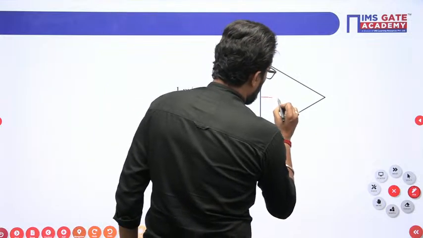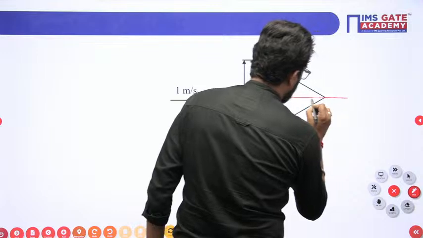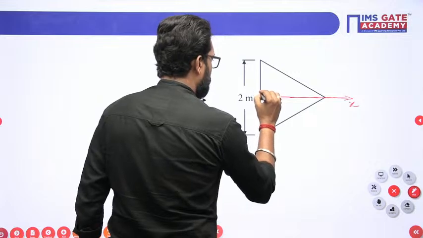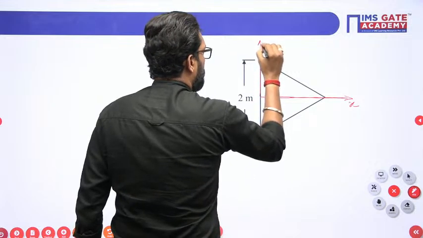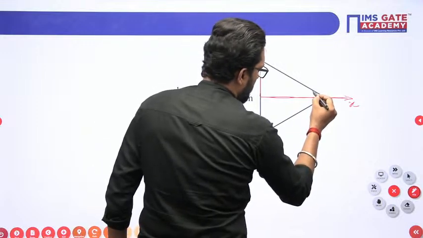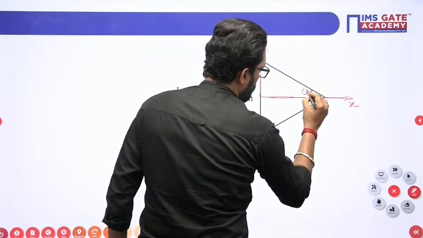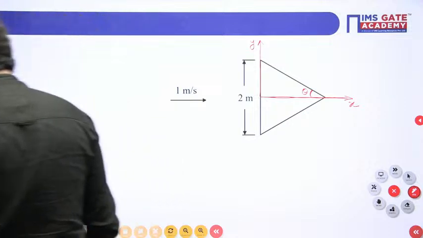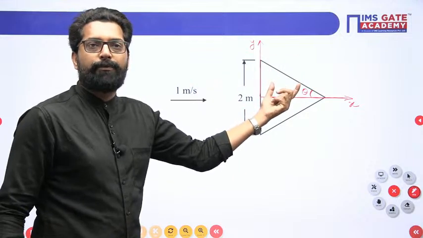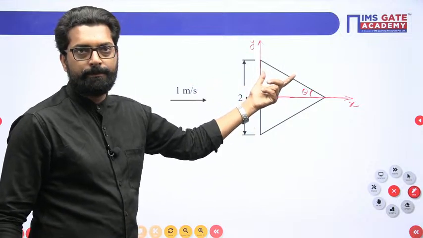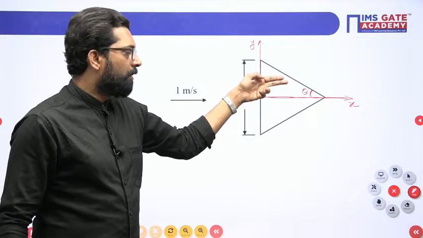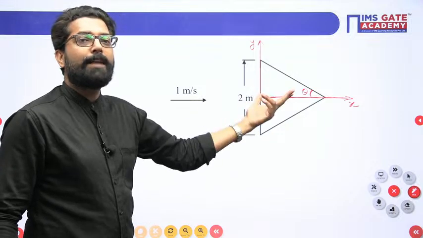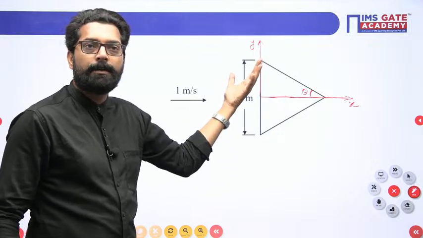So this is our x-axis, this is your y-axis, and this angle is your theta, which is given. Now, we are analyzing the upper part of the triangle. If you find the total, you multiply by 2 for upper and lower, and then again multiply by 2, because of front and back. Clear?